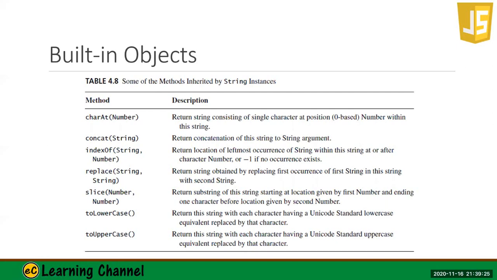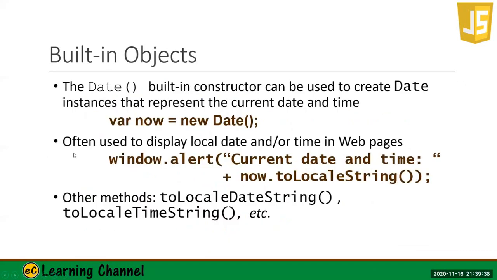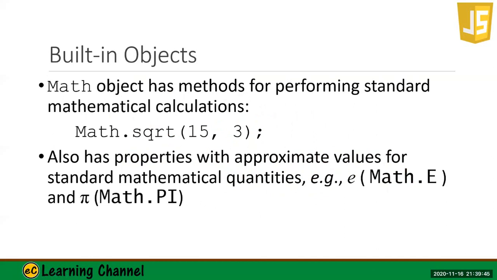For strings you have charAt, concat, indexOf, replace, splice, toLowerCase, toUpperCase. It looks like all of the Java functions. We also have the Date object, just like Java. We also have Math.sqrt, Math.random, Math.floor, Math.ceil, Math.E, Math.PI. These are built-in objects.